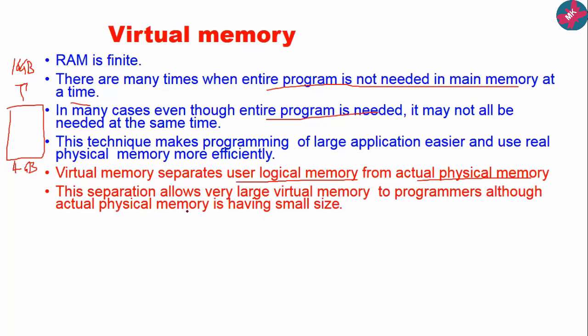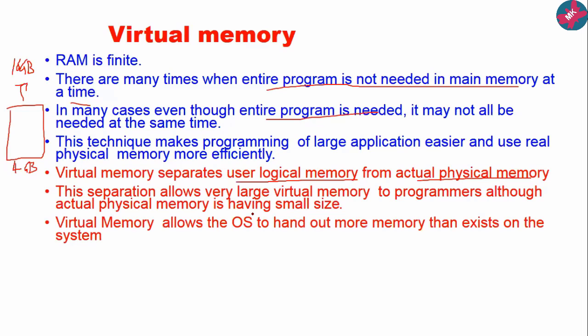And due to this, the operating system hands out more memory than what exists on the system. Like I told you in this example, physically there may be 4 GB of RAM, but due to virtual memory the end user will get 16 GB of virtual memory.